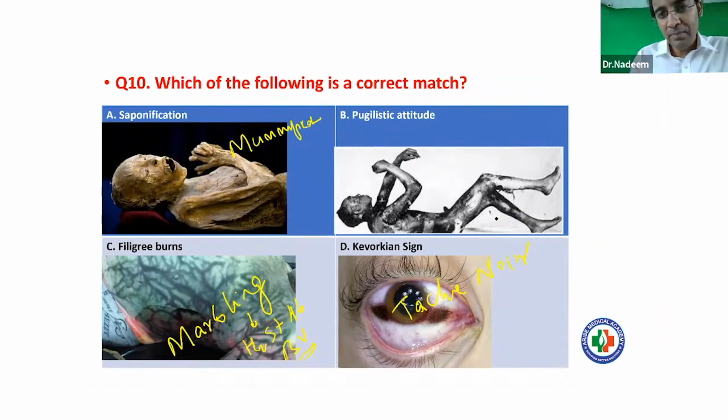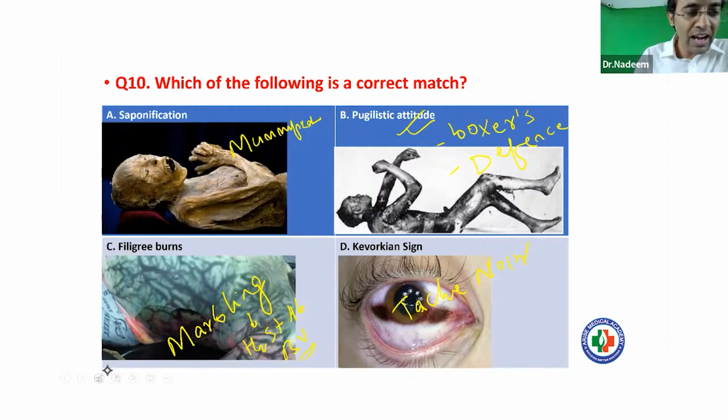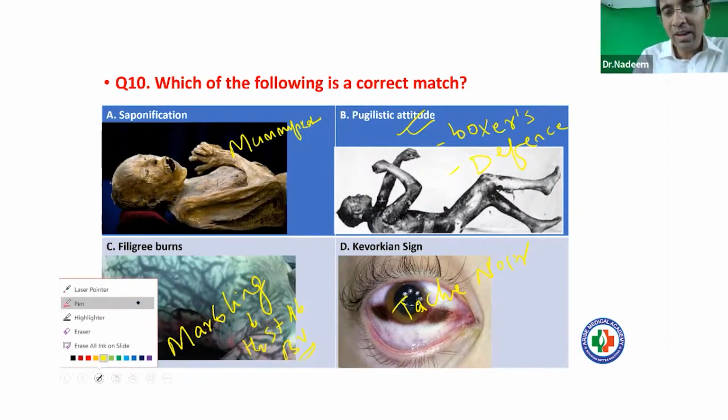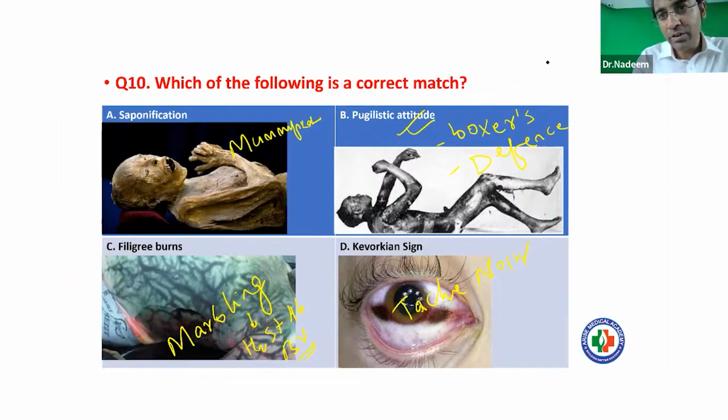B is right. B is what? Pugilistic attitude, which is also called boxer's attitude, which is also called the defense attitude. Okay, this will be seen where? Whenever there are high voltage burns, right?